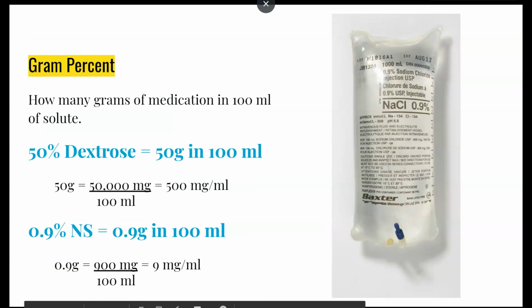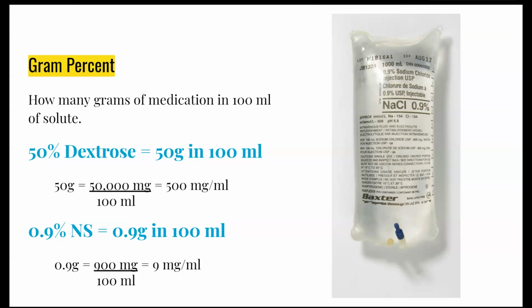So we did that math on the other side. Gram percent. This is the one that you're going to learn how to do and then promptly forget, because I have to refresh my memory every time I teach it. It's important to know how many milligrams are in each mL.